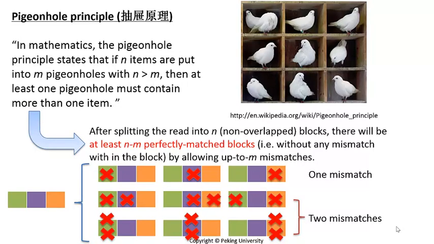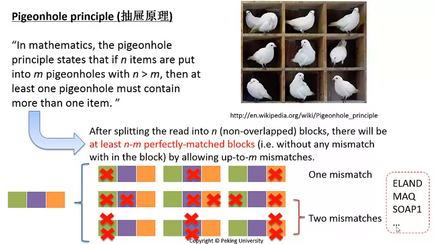This block can thus be used to search the index table to improve the speed of reads mapping considerably. That's why many early reads mapping algorithms, for example, ELAND, SOAP1, and MAQ, have adopted this idea.